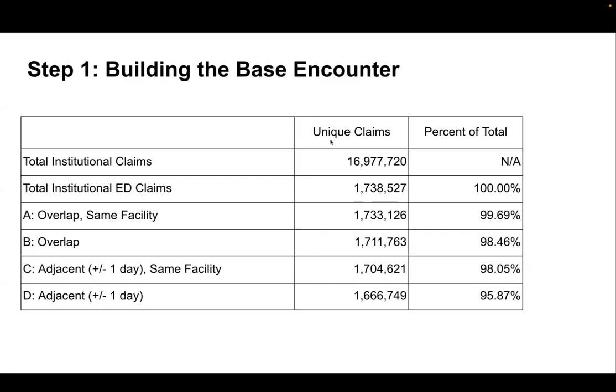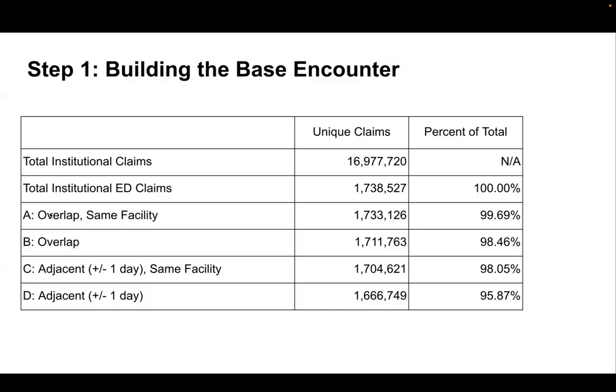If we look at just these two lines at the top, in the data set there's just about 17 million total unique institutional claims. And of those claims, a little more than 10% are actually claims for ED visits using the revenue center code logic 045X and 0981.